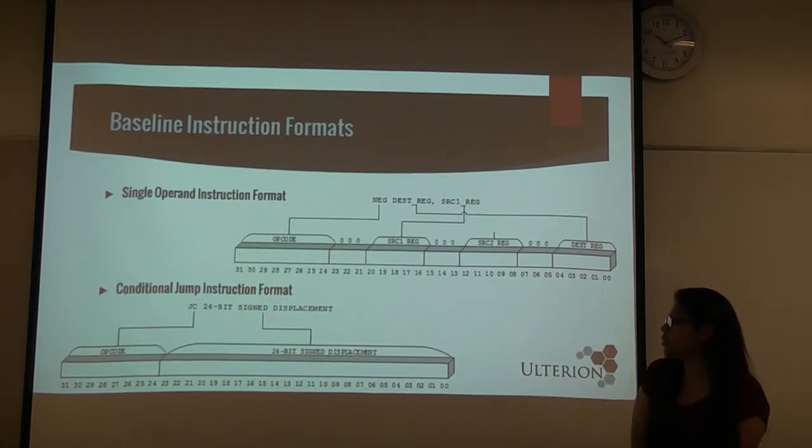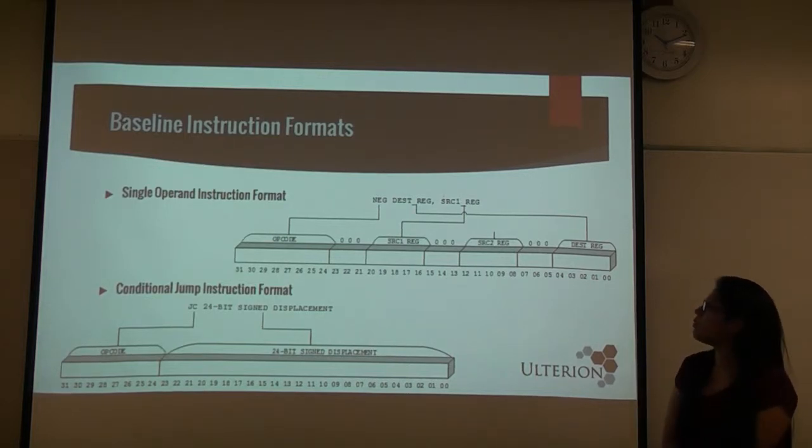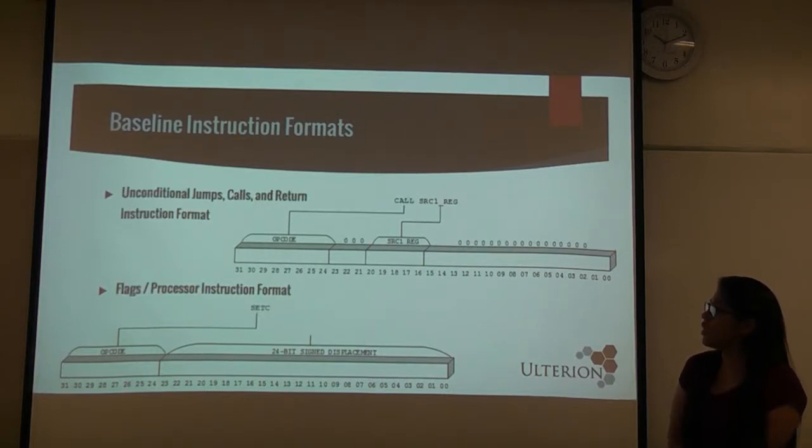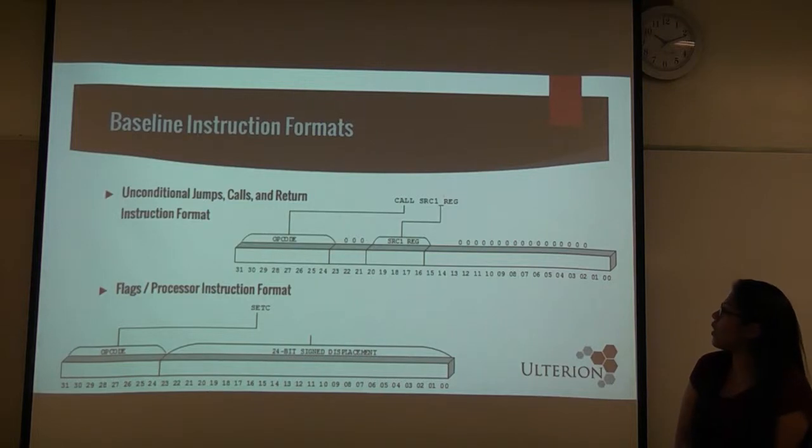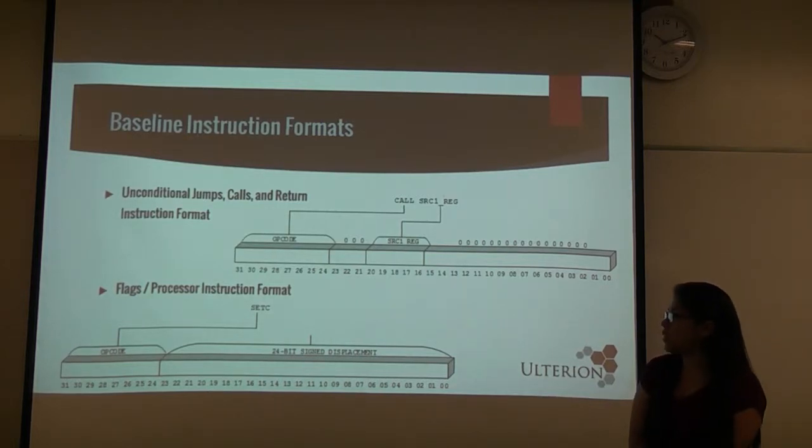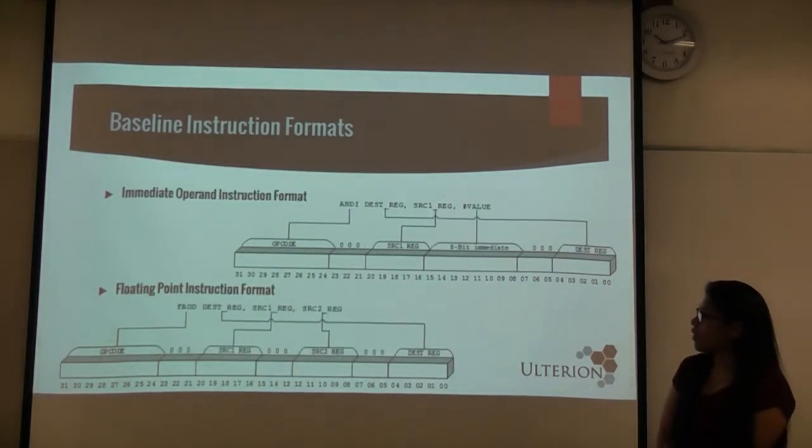For our conditional jump instruction, we use the opcode and a 24-bit signed displacement field. For our unconditional jumps, calls, and return instruction, we use only source 1 and the opcode. And for our flags and processor instruction format, we're going to just use our opcode.